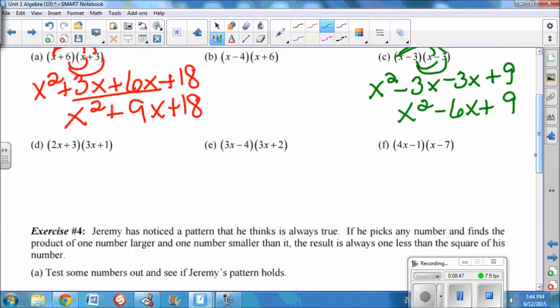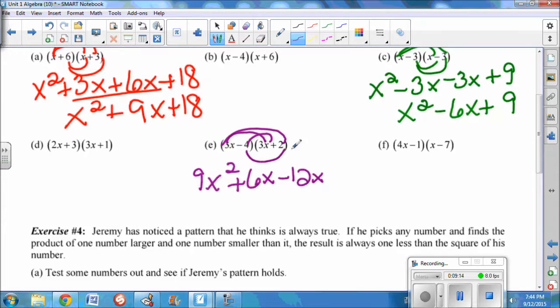And let's look at these down at the bottom here. Okay, now we've got some coefficients that go along with the x's. So instead of just a 1x, but we still do the same thing. 3x times 3x, 9x squared plus 6x minus 12x.